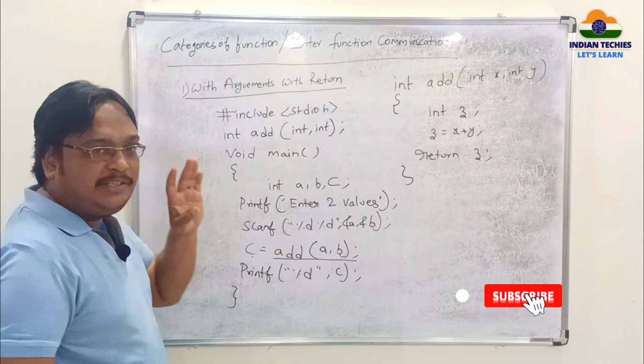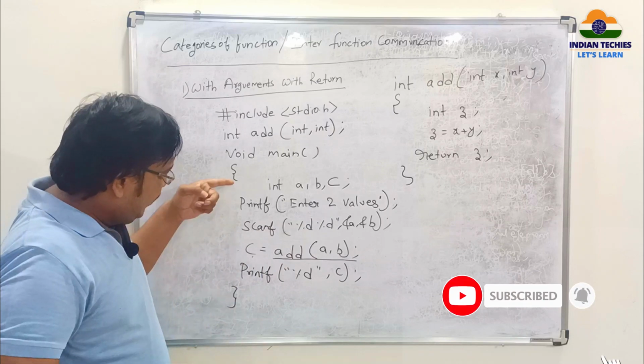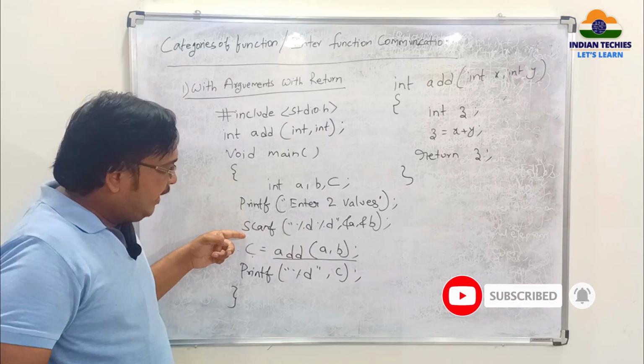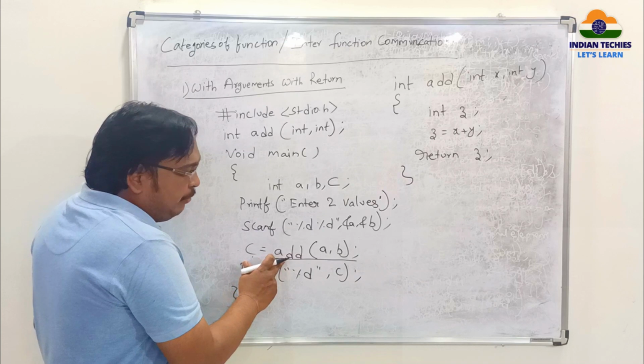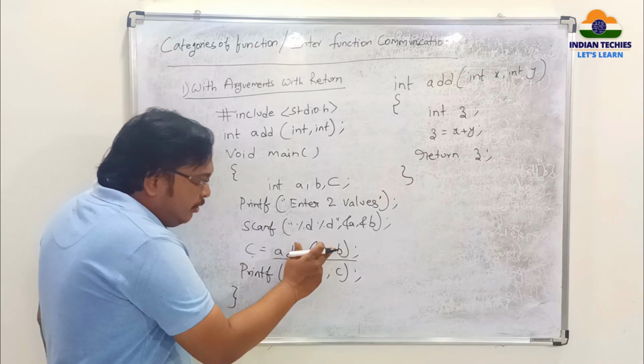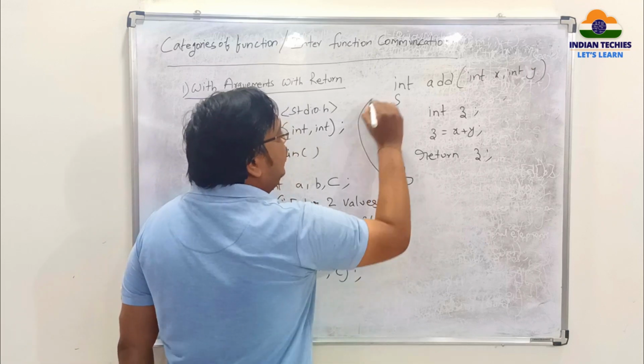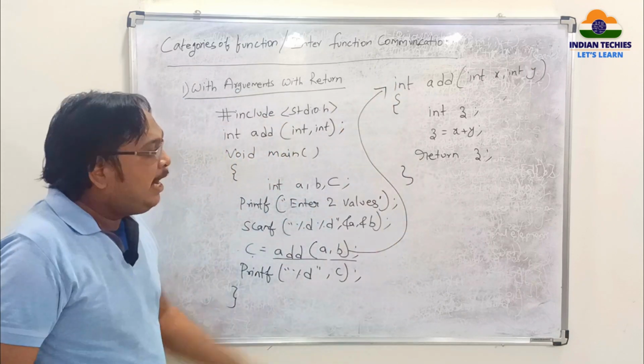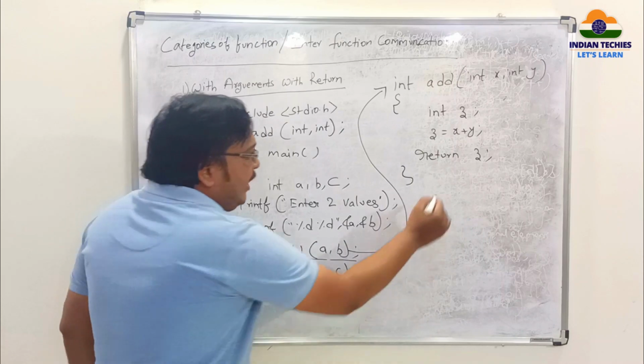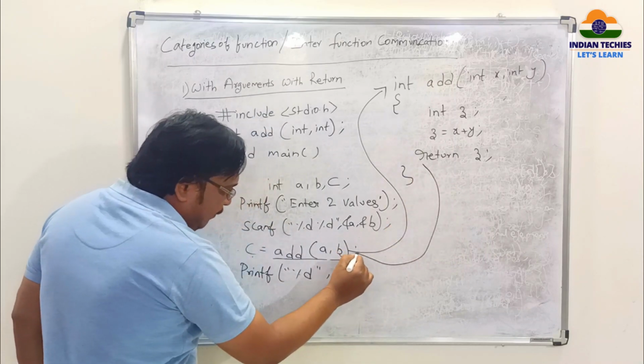First of all, how this execution process is done is, first it will take input. After taking input, it will say execute the add function with a, b. So whenever this statement is executed, the compiler directly jumps to this function definition, performs this logic and returns the result to the same line.